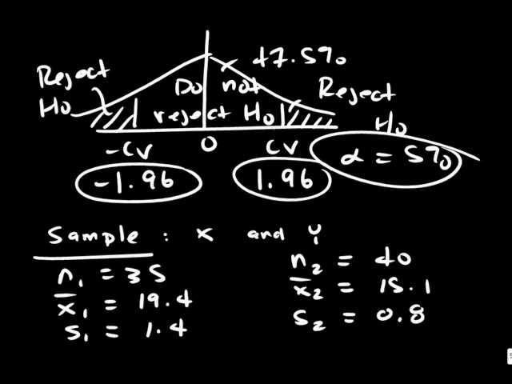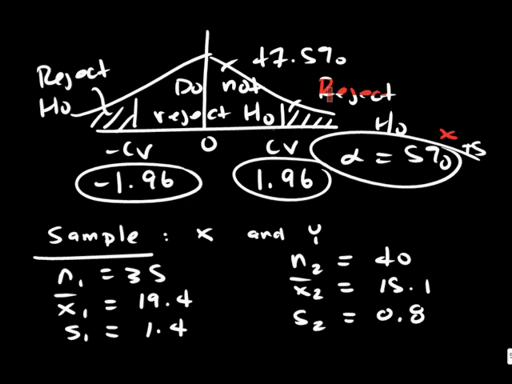It is positive and it's very much past that value. It's at 16.025. It is very much in the reject the null hypothesis region. So our conclusion here would be to reject the null.